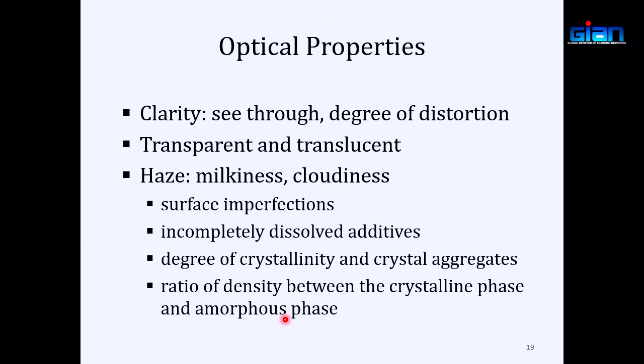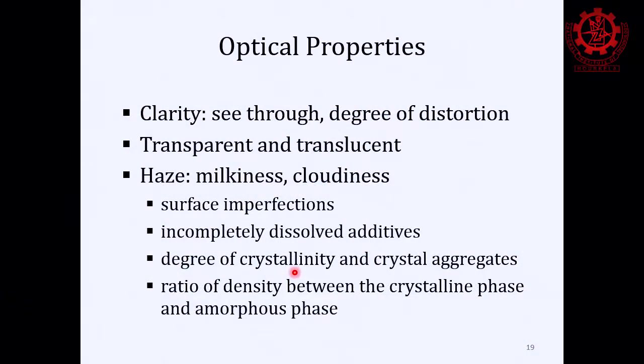And in some film you can have a haze, which is basically cloudiness or milkiness, and that could come because of the imperfection at the surfaces when you are making these packages, either films or trays. And this haze is also affected by the crystallinity or aggregation of crystals in those polymers when you are doing the polymerization process.